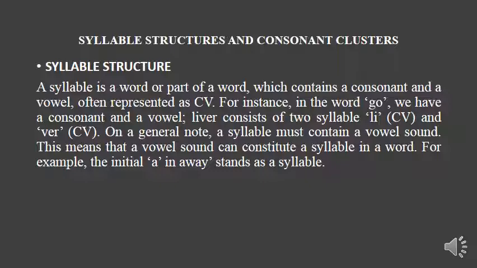For example, in the word away, the A is a syllable and way is a syllable. There we have a vowel-consonant structure. That is, there are two syllables there. That is why I say a vowel can serve as a syllable, but a consonant cannot serve as a syllable. A consonant must be attached to a vowel before it becomes a syllable.